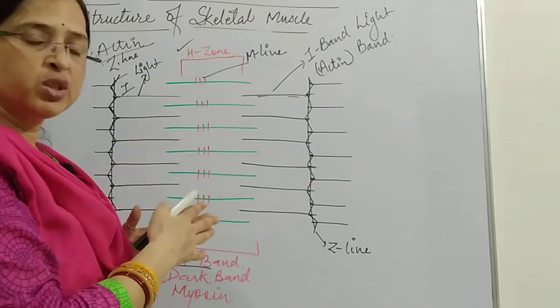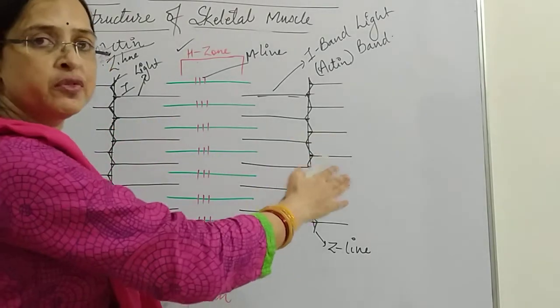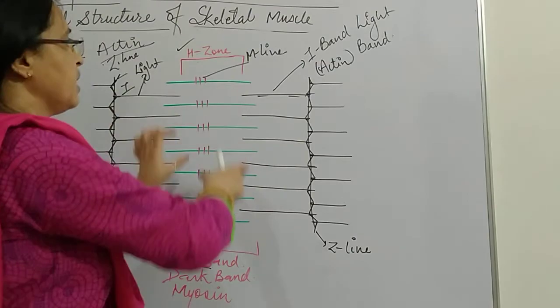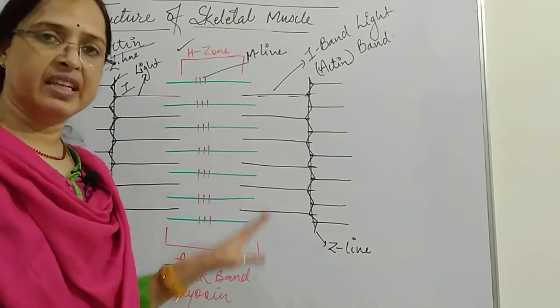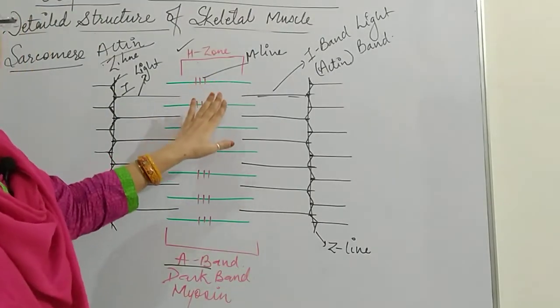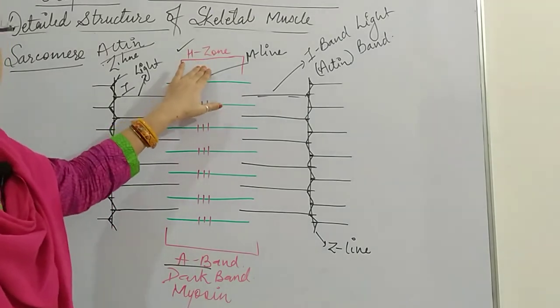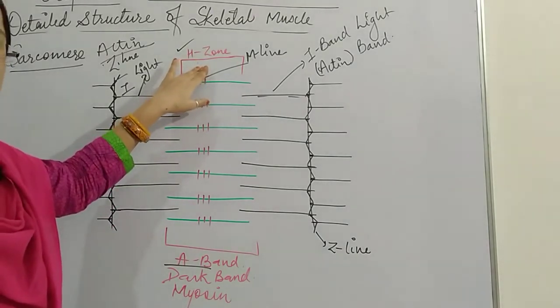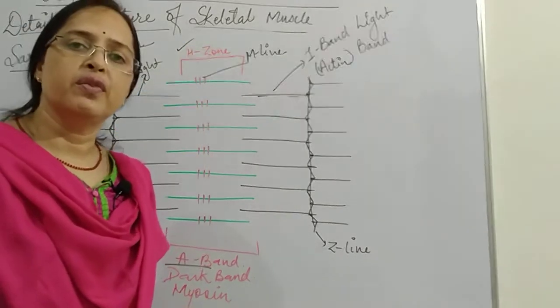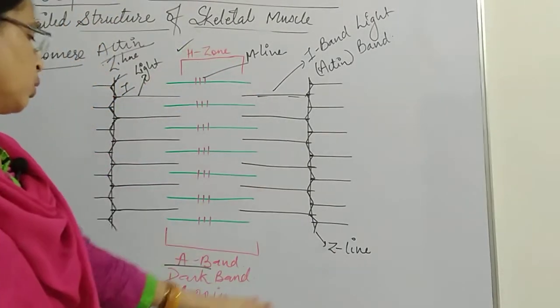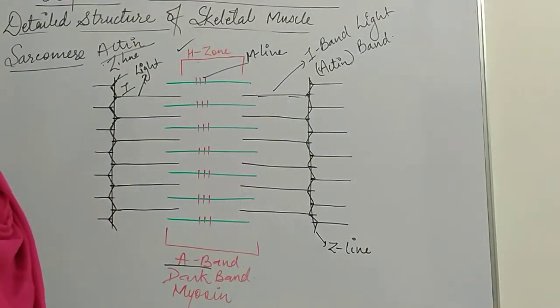And when relaxation occurs, again the Z lines move apart, and again this H zone is formed in the center. So this is the importance of the H zone, that it is responsible for contraction of the muscles. Just have a look over here, the diagram of a sarcomere.